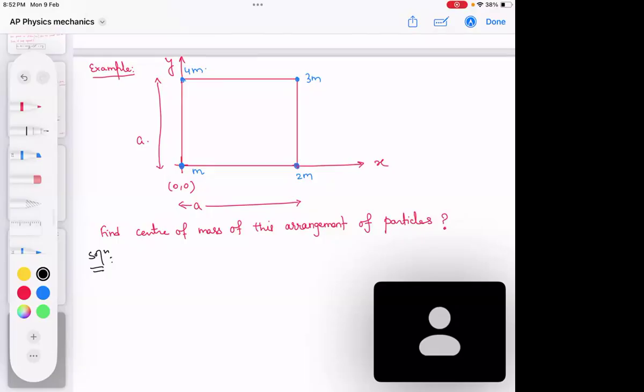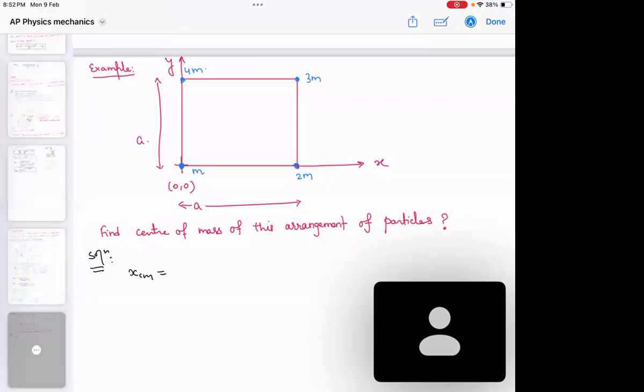Tell me, where is the center of mass of this arrangement of particles coming? See, if you want to calculate it, you can calculate x and y coordinates separately. If you are trying to calculate xcm, what will come?